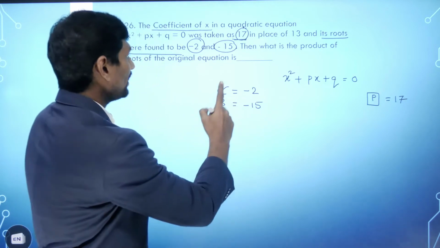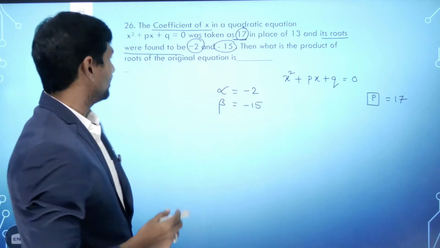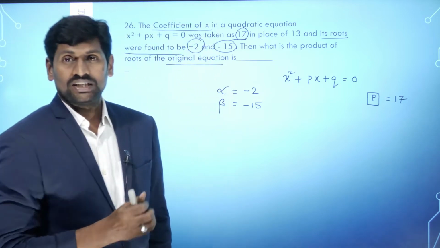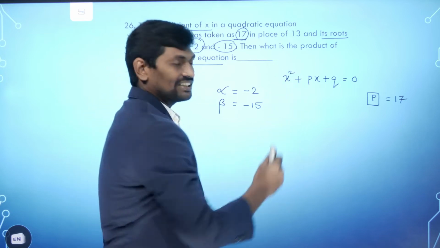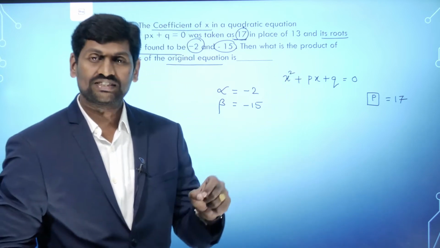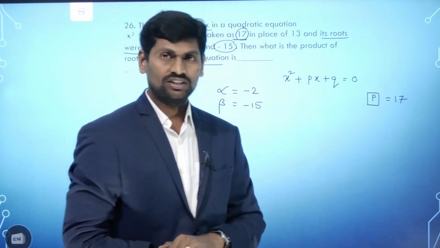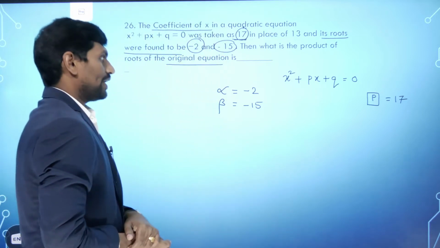Then what is the product of the roots of the original equation? For the original equation, the value of p, the coefficient of x, we have to take as 13. Right.